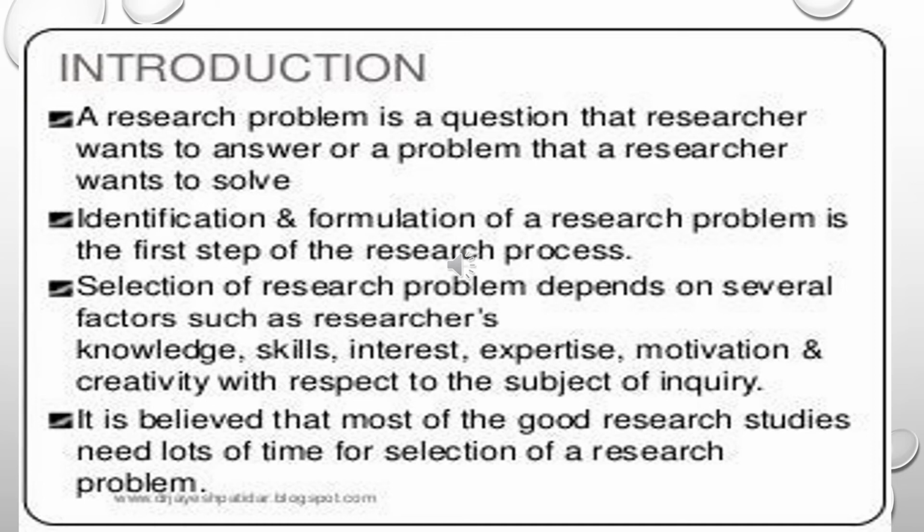The identification and formulation of a research problem is the first step of the research process. Selection of a research problem depends on several factors such as the researcher's knowledge, skills, interest, expertise, motivation, and creativity with respect to the subject of inquiry. It is believed that most good research studies need lots of time for selection of a research problem.